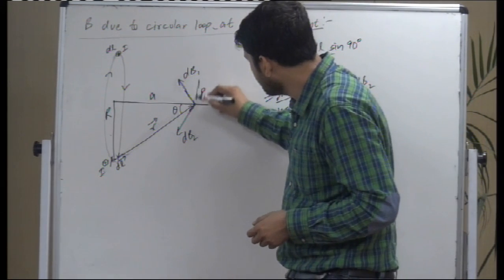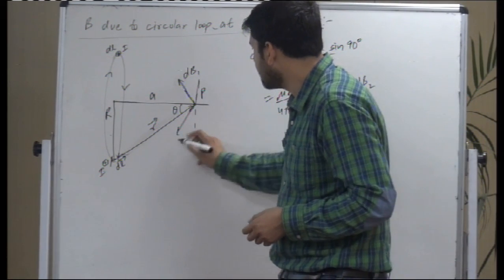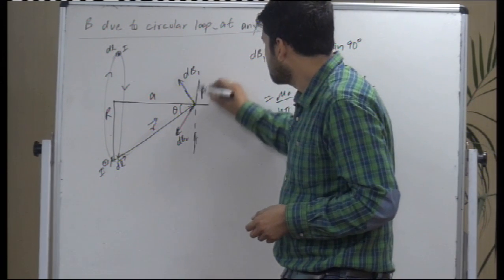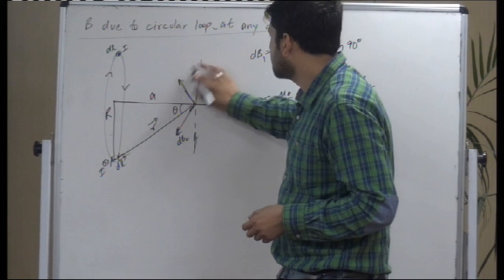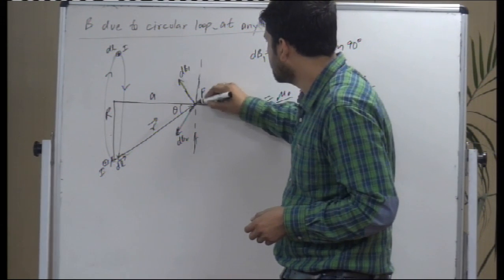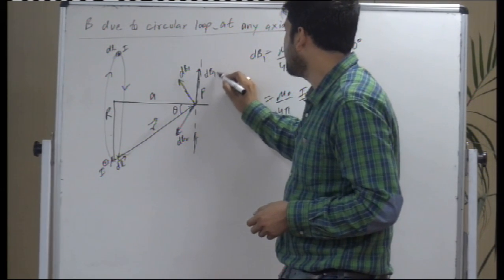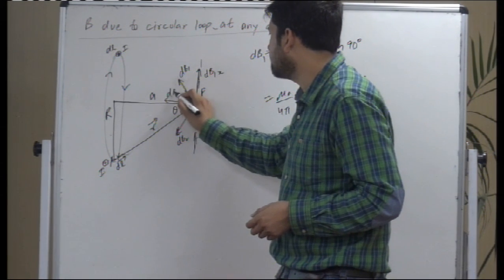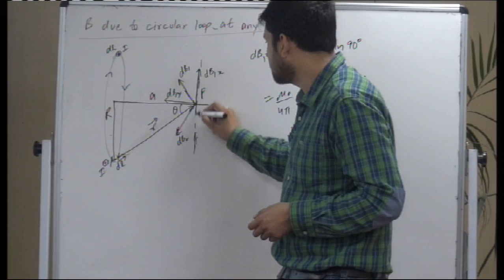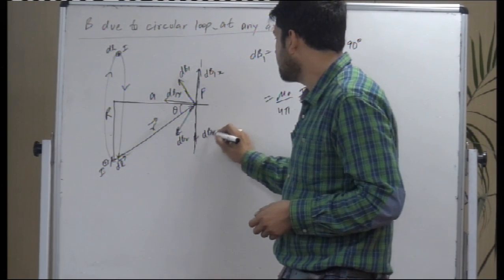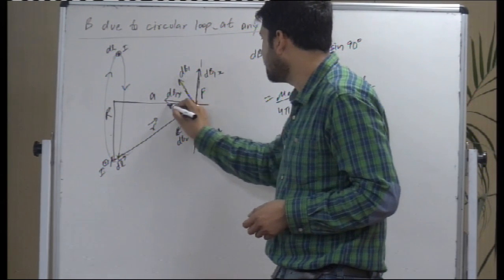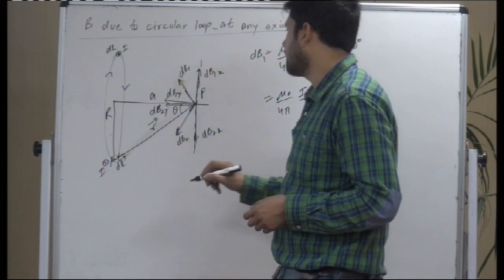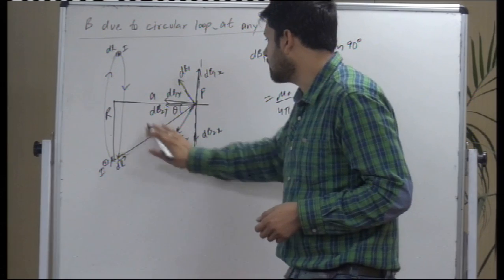We would have to take components. So this element has component dB1x and dB1y, and this one dB2x and dB2y. I'll erase R from here.